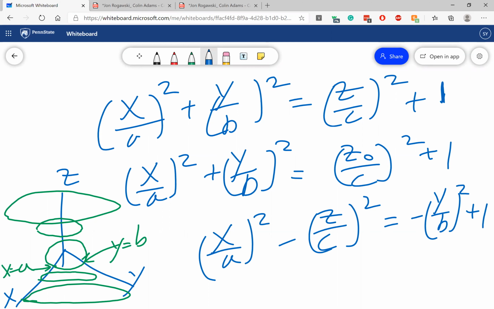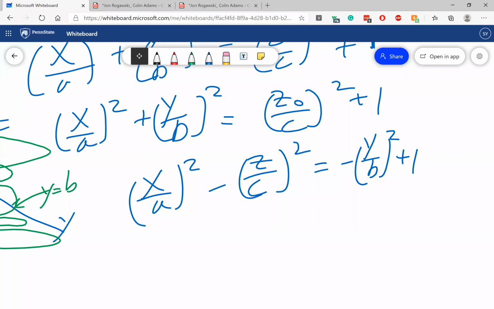Now if we look at this, there are a few things that we can do. We can move the 1 to the other side, put the negative, and take the square root, and we would get a hyperbola.